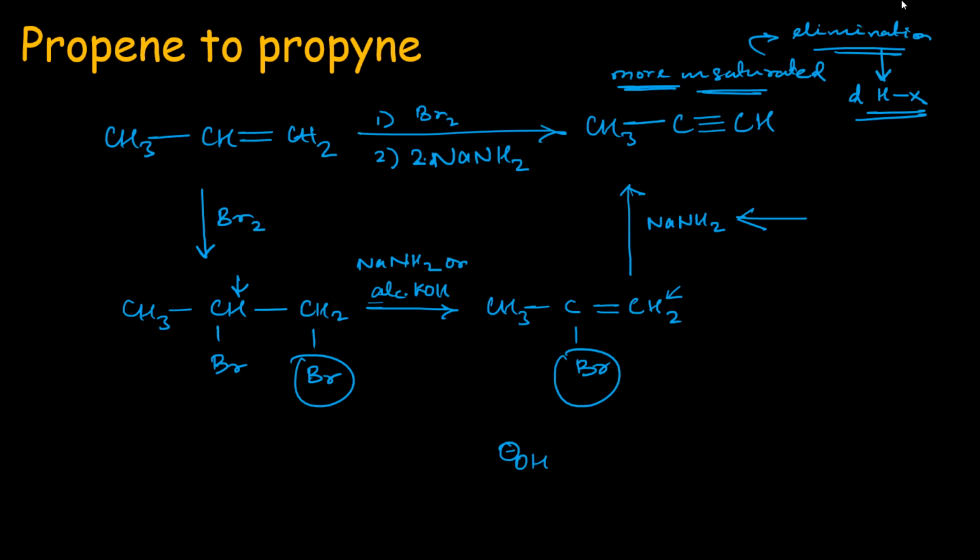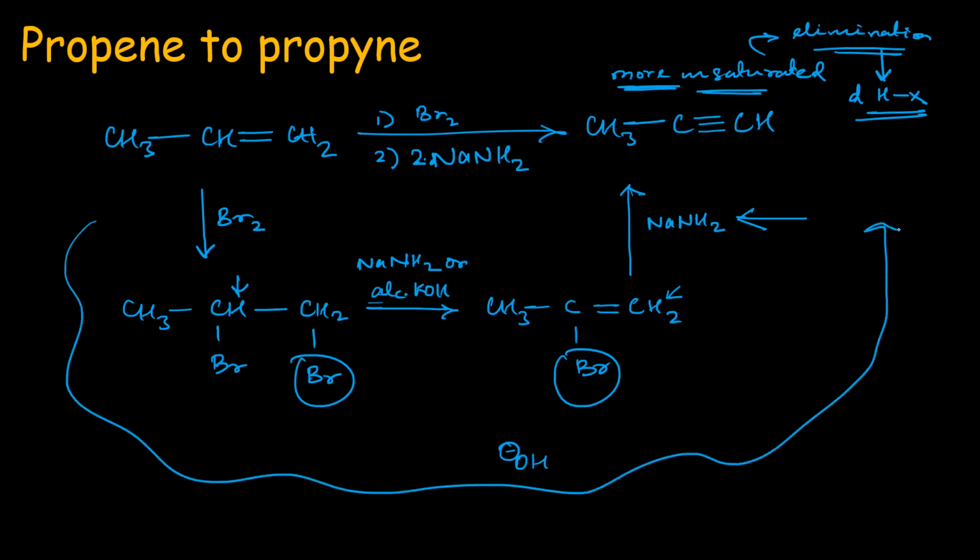Sir, in the first part of the conversion, it is 2 NaNH2, right? No, not the first part. Second part, no. Second step will be using NaNH2, 2 moles. Yes. See, this whole thing is a cycle, and whatever reagents we have used in this cycle, from here to here, we have written this here and here.